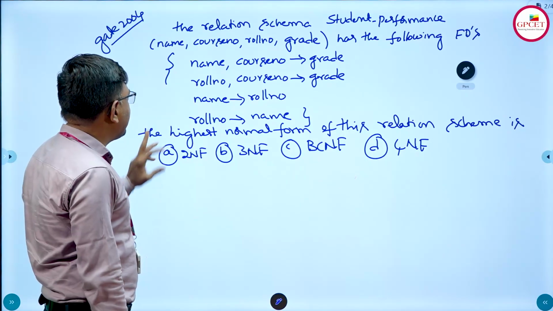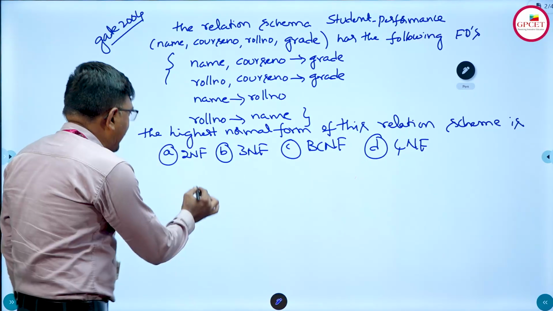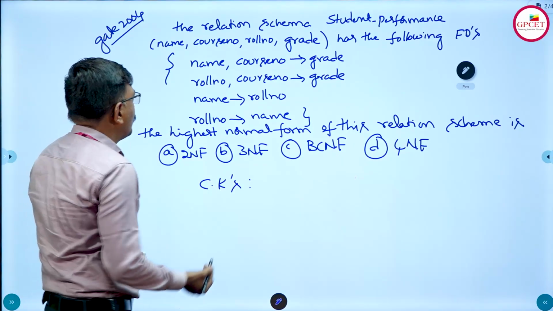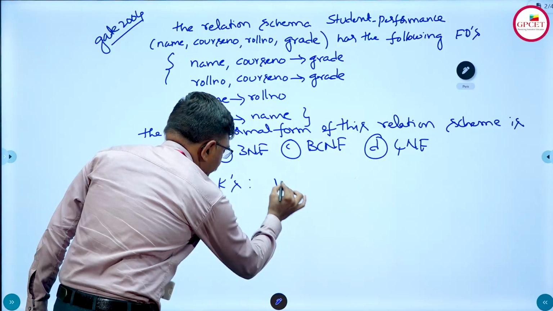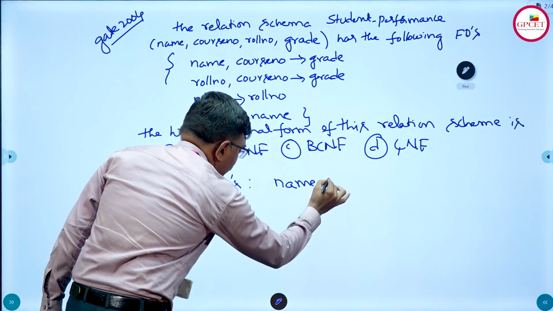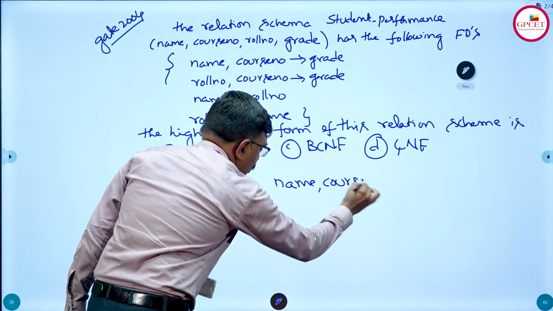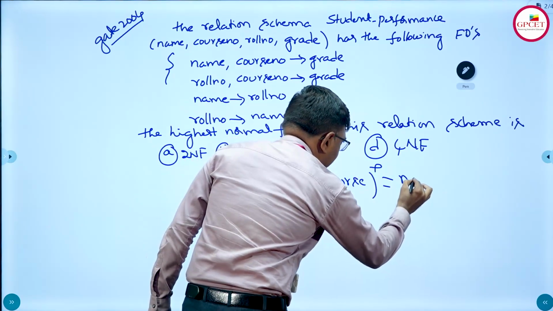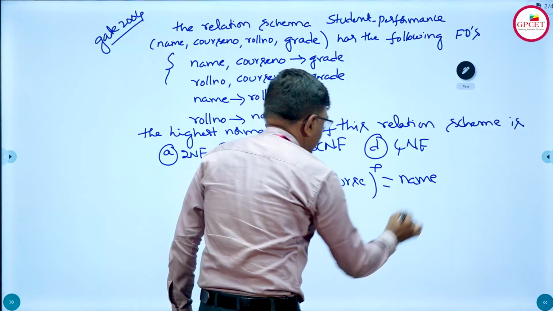Here, in the functional dependency name, course, first identify the candidate keys. Identify the keys. What is the closure of name, course? Name, course closure equals, by the reflexive property, name and course.